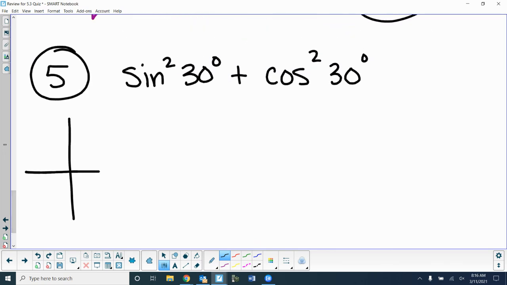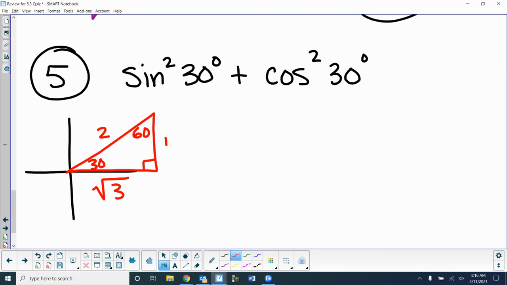So my picture, it's in the first quadrant, 30 degrees is my reference angle. I told you what it was. Remember, opposite to 30 is always the 1. The hypotenuse is always 2 for the 30-60. Opposite to 60 is the square root of 3. First quadrant, everything's positive.